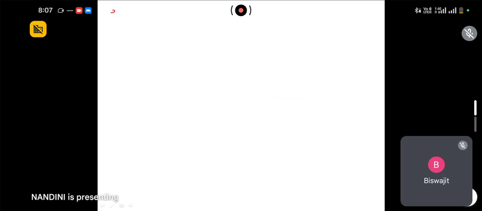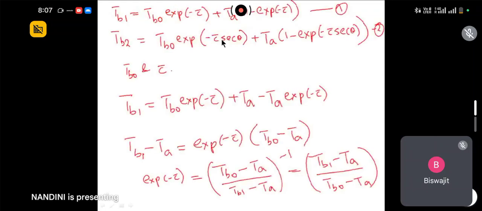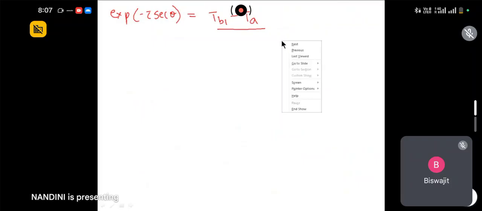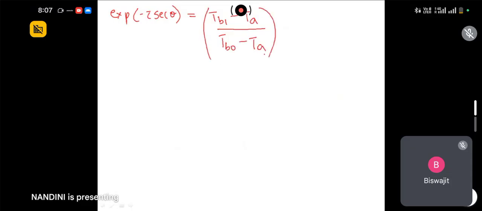So exponential of minus tau sec theta can be written as, so exponential of minus tau is TB1 minus Ta by TB0 minus Ta.